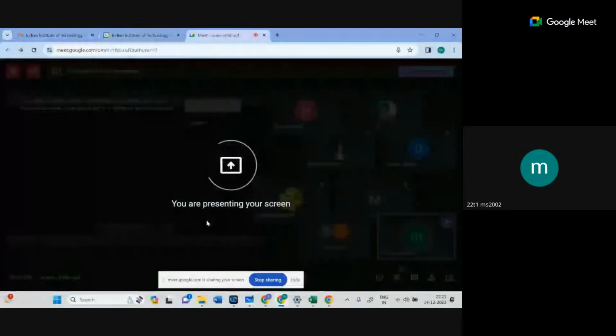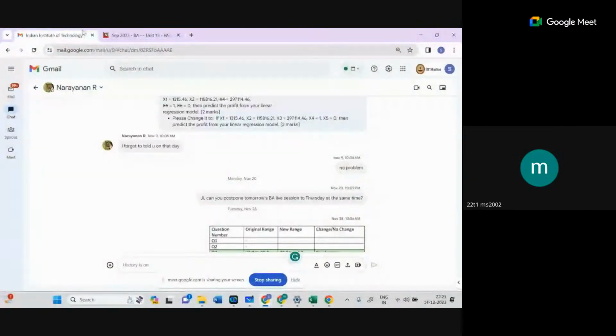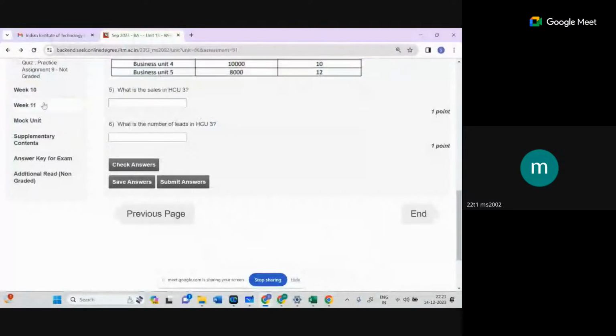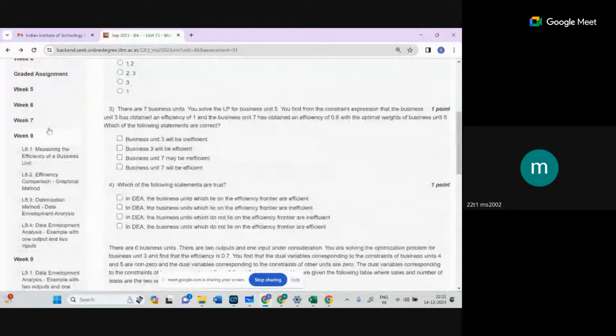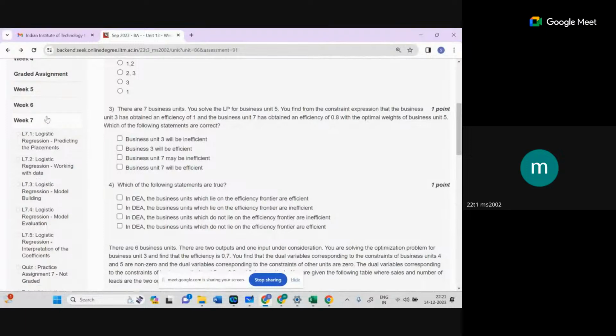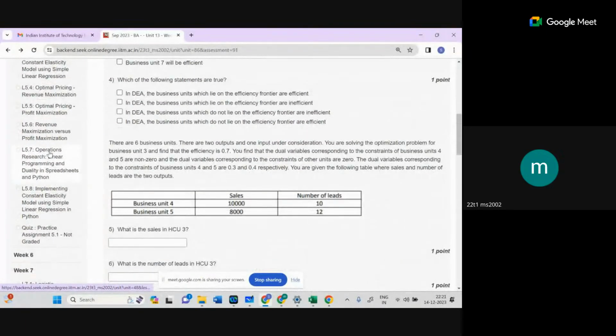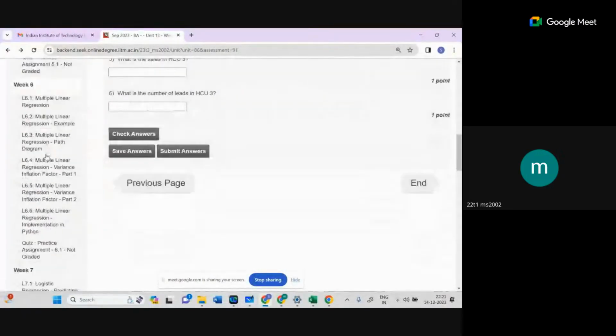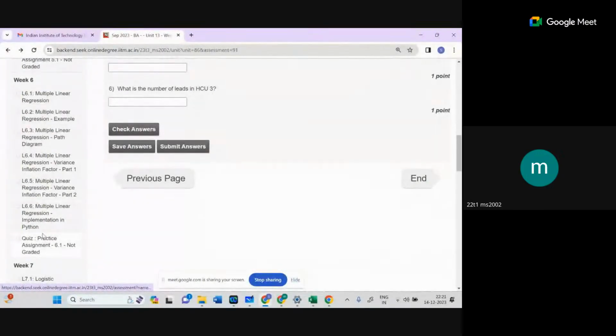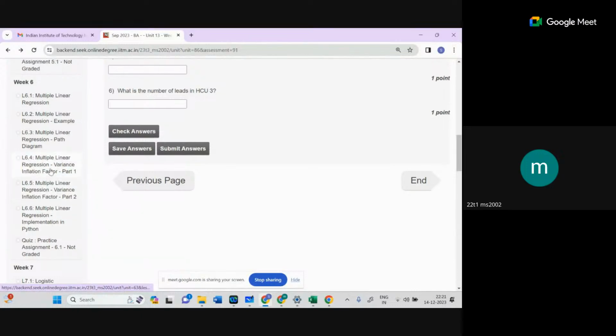Let me open that and show you. Is my screen visible? Yes, sir. Week 7, week 6. There is a tutorial by Srivatsa, my very good friend, who is now a professor at IIT Jodhpur.